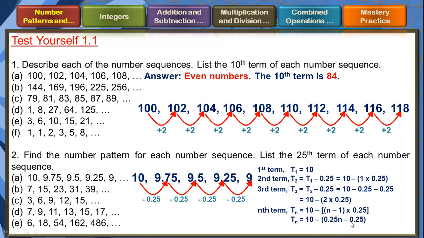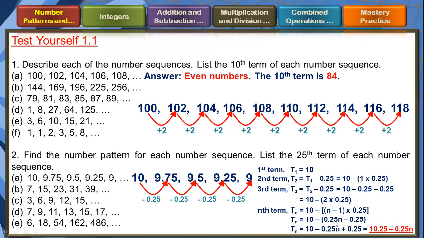0.25n minus 0.25. What we did here is we just distributed it, multiplying n by 0.25. Same thing with 1. And copy the sign in between, which is minus. Then we simplify it, multiplying this sign to those two numbers inside. So t sub n equals 10 minus 0.25n plus 0.25. Why did it become plus?